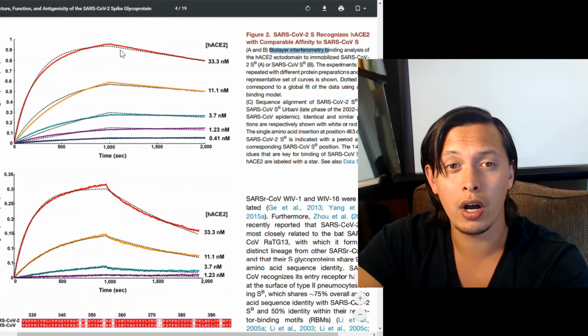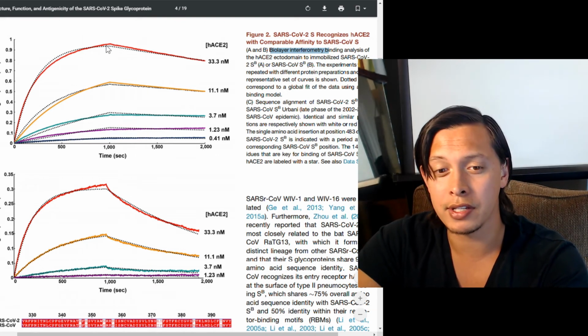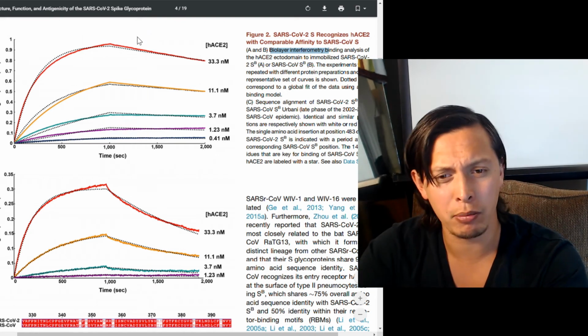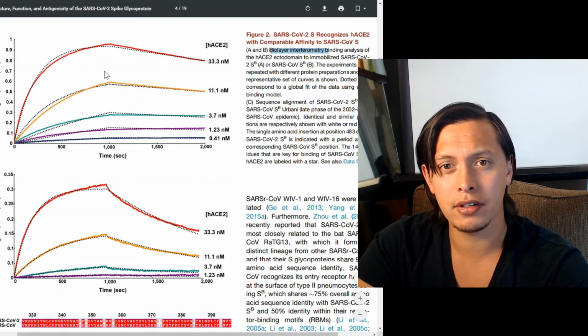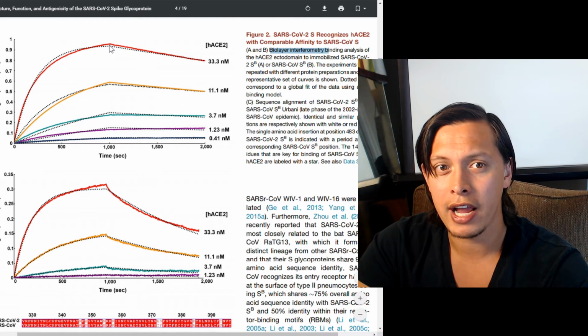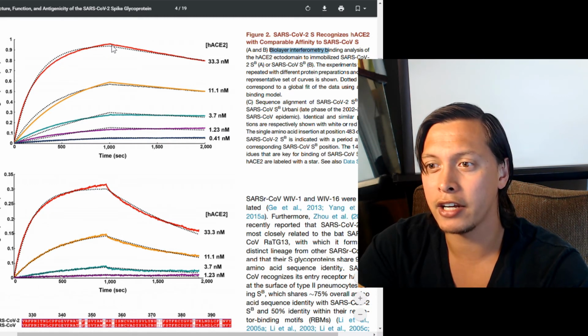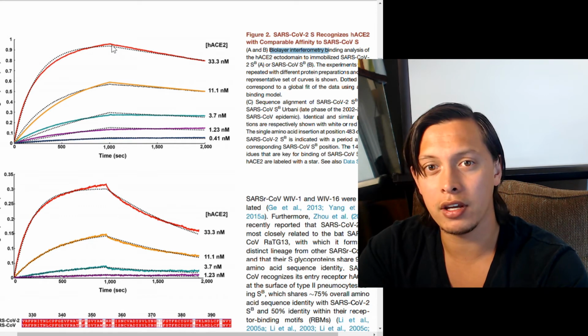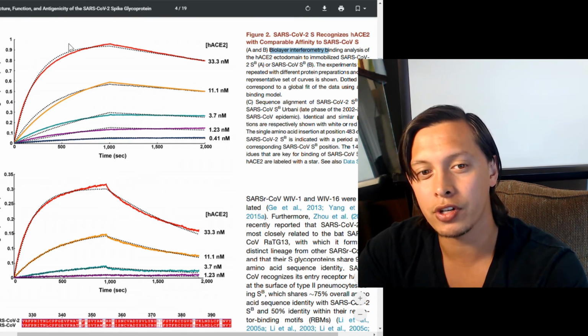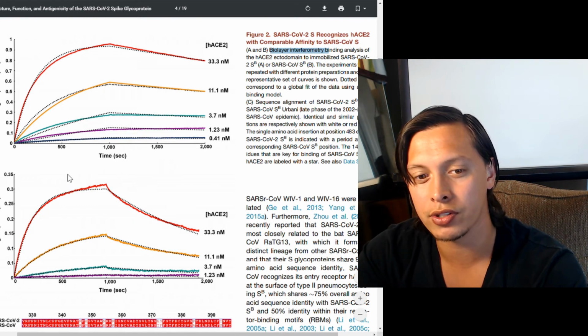Now, this is the part that I'm actually a little bit more concerned about. Look at the receptor after it's bound and you do the wash. You do the wash for the new SARS coronavirus spike and the old SARS coronavirus spike.